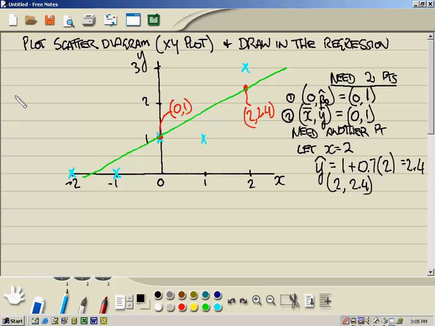Let's just write down the estimated line. Y is equal to 1 plus 0.7 times x, and that's our equation. So we've done two things here: estimated the straight line, estimated the regression, and then the second thing, we plotted the scatter diagram, the XY plot, and drew in the regression.